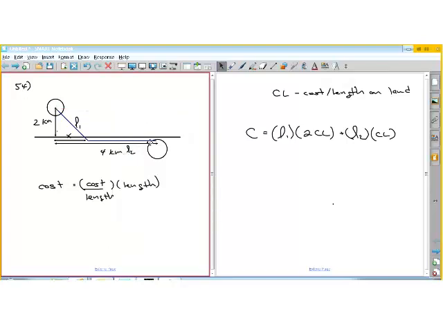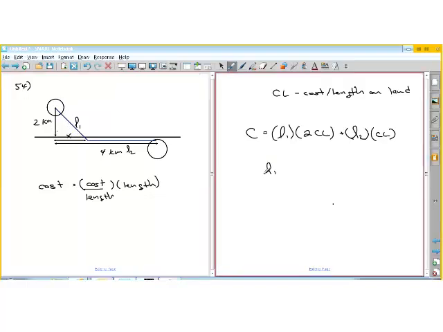So we're going to use the Pythagorean theorem to say that L1 squared is equal to x squared plus 2 squared. So it's this triangle. X squared plus 2 squared is L1 squared.